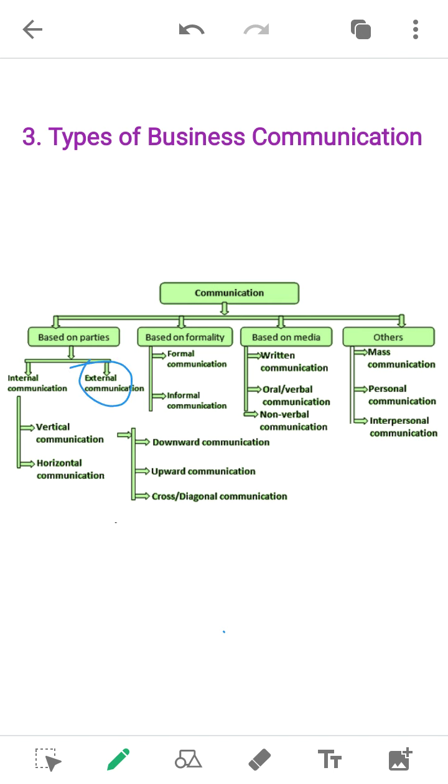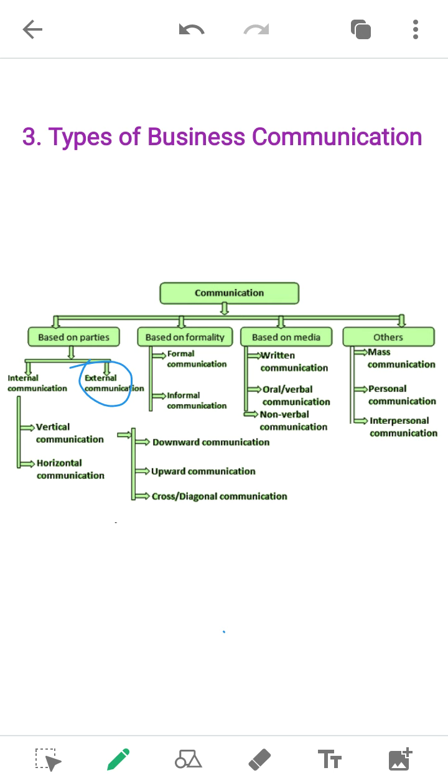External communication is when a communication occurs among the persons of different organizations or any outside person. That means when employees of two different organizations communicate with each other, it is called external communication.